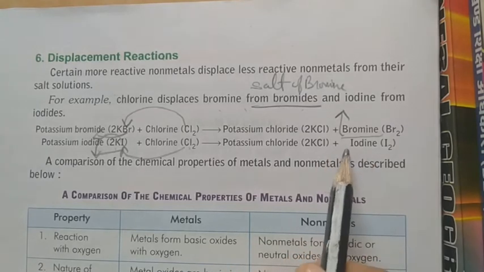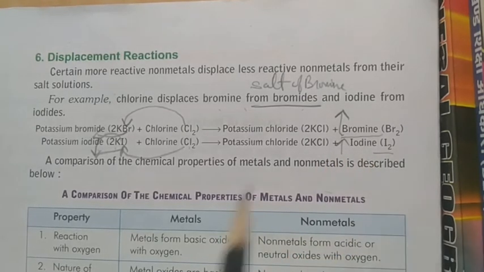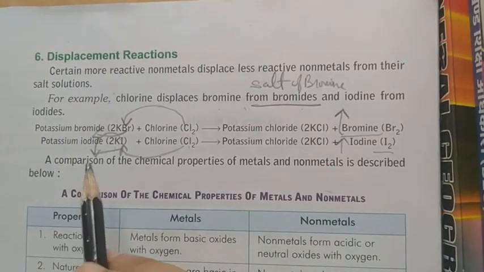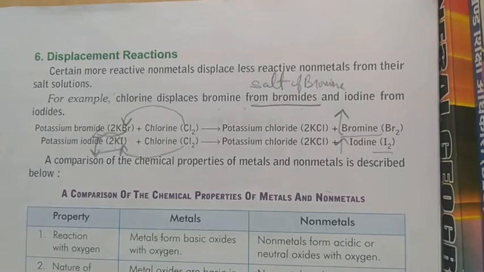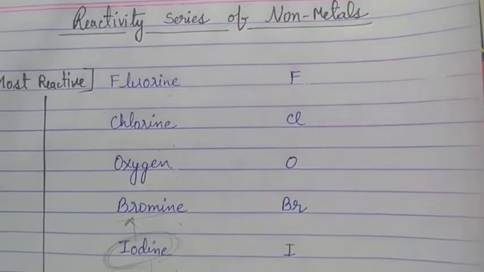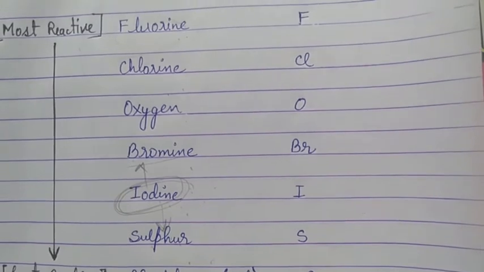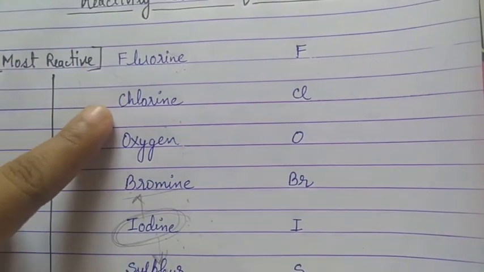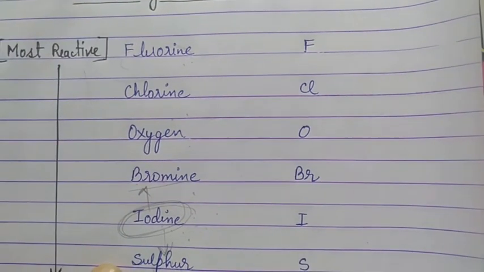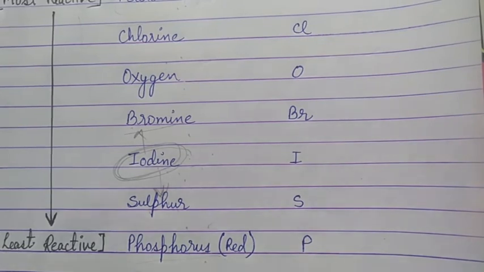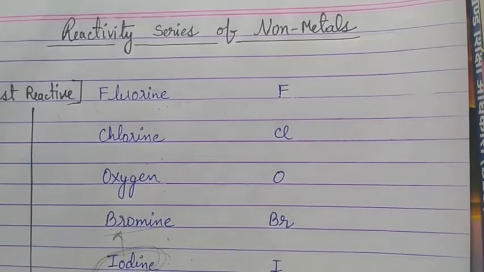And iodine, in the form of I2, will move out of the reaction mixture. This is what we call a displacement reaction. By remembering this reactivity series of non-metals, you will be able to solve any displacement reaction related to it.